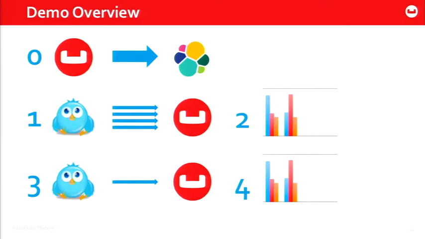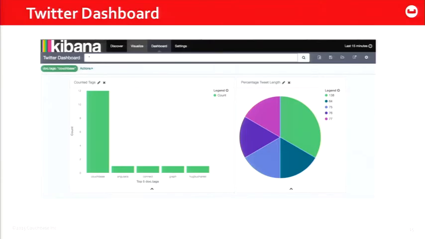Then I will use my Twitter account to load some data to Elasticsearch, and we will see a Kibana dashboard, which is doing very simple analysis based on my Twitter tweets, right? And then finally, we will change something by just adding a new Twitter tweet, right? And then we will look that the report changed immediately, right? So let's do this.